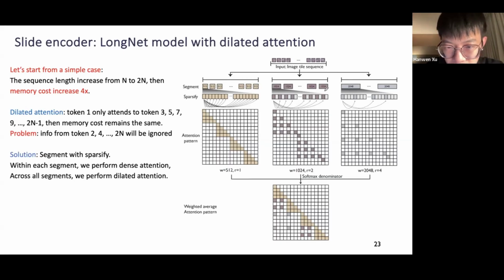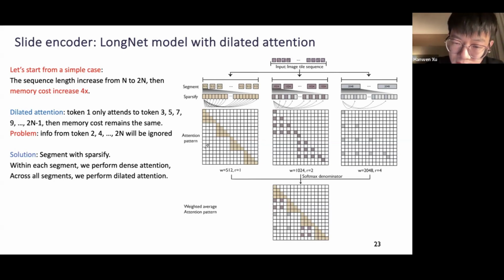So for example, in the figure we show here, we segment the image tile sequence at different scales. Let's say starting from 512, 1024, and 2048. And we try to increase the segment length, but at the same time, we also add in the dilated ratio here.